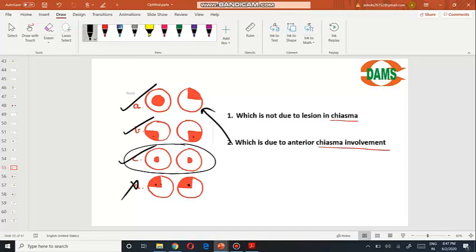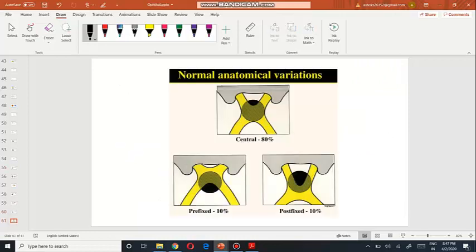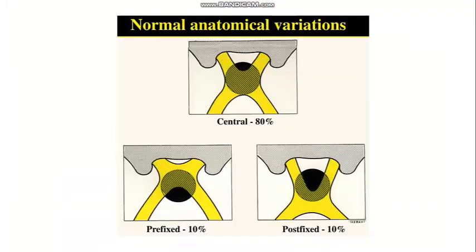Okay, let me tell you one more last point regarding your optic chiasma. The normal variation is that the pituitary gland is just below the chiasma, which is in central 80% cases. The crossing is just above the pituitary gland. But if the crossing takes place before the pituitary gland, that is known as prefixed.